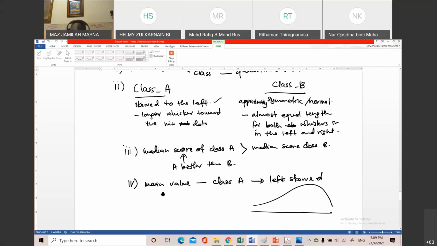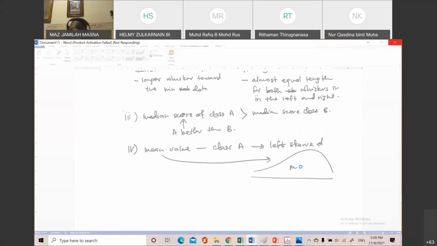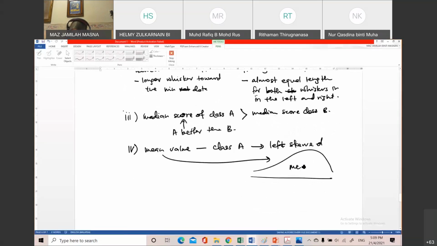So what can you tell about the mean when you have left skewed? Remember the condition of mean, mode, and median for left skewed. What is the value for the mean? Lesser than mode and median. Yes. For this distribution, mean will be less than the median.